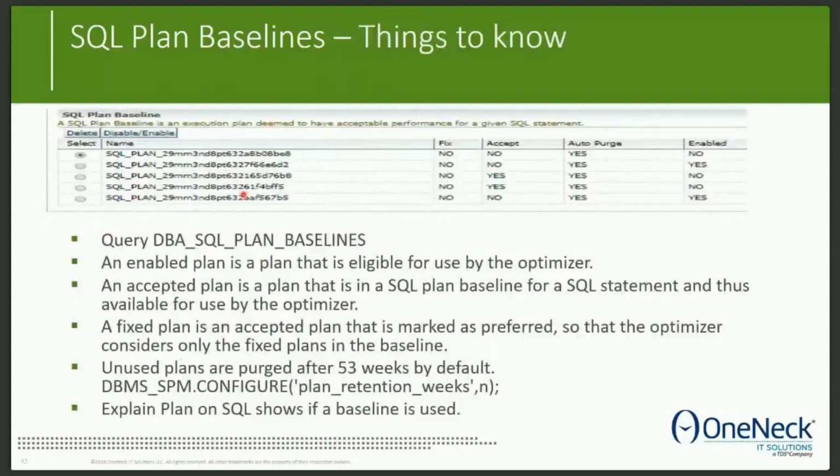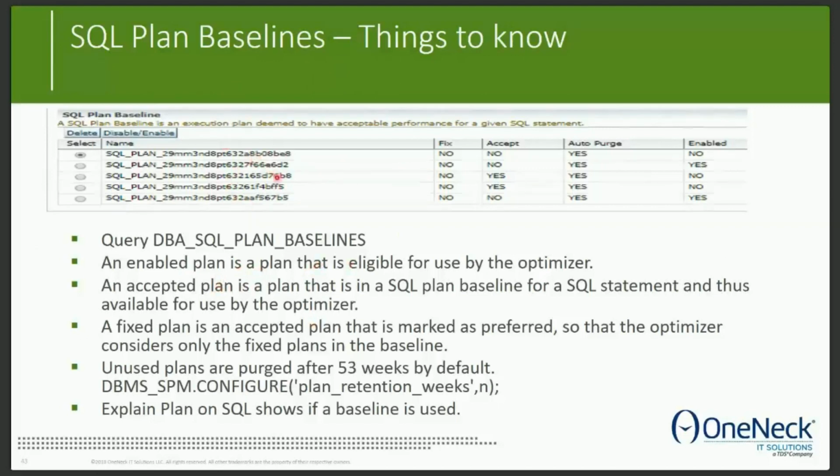And there are some things to know here. This is also from a live system. Here the DBA was creating a SQL plan baseline, and he was wondering why Oracle is not picking the plan baseline which he created. It is still using an old plan baseline.